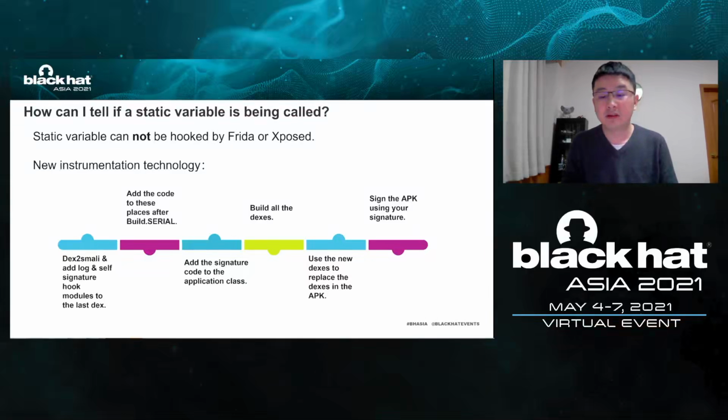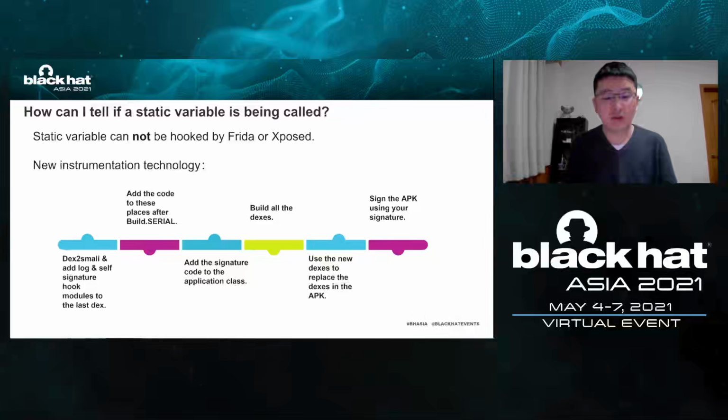We know that there are some hook tools to monitor function calls, such as Frida and Xposed. But we can't use these tools to hook a field call, such as Build.SERIAL. Here we have developed an automated instrumentation technology to achieve static field hooking.